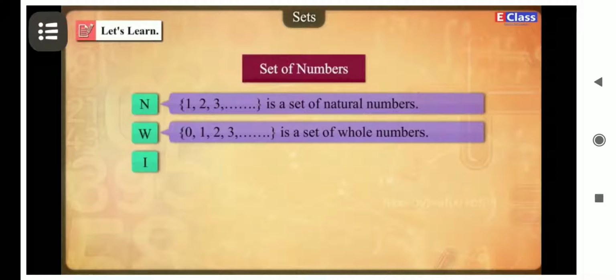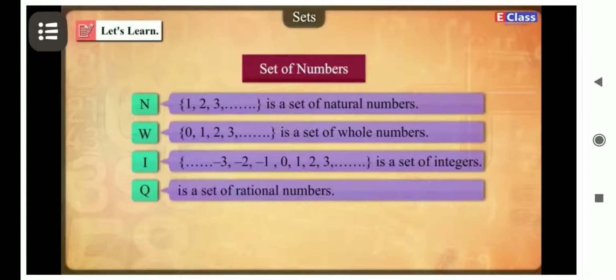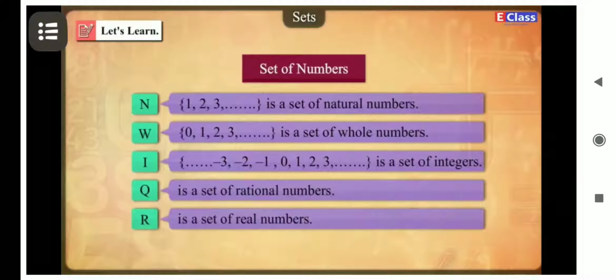I = {..., -3, -2, -1, 0, 1, 2, 3, and so on} is the set of integers. Q is the set of rational numbers. R is the set of real numbers.